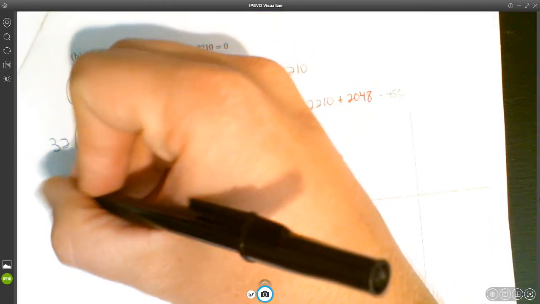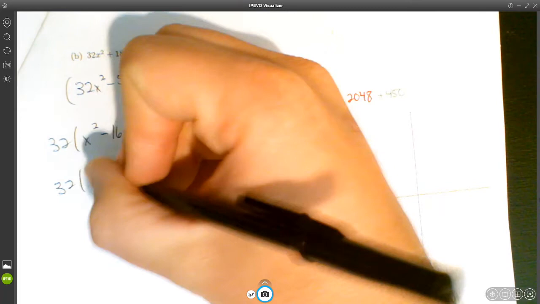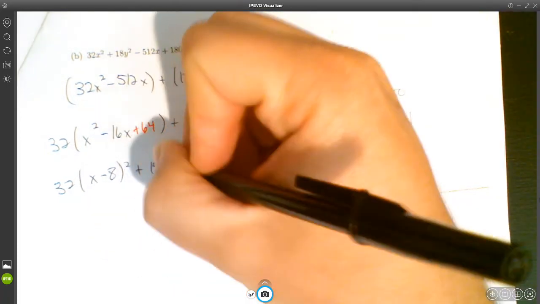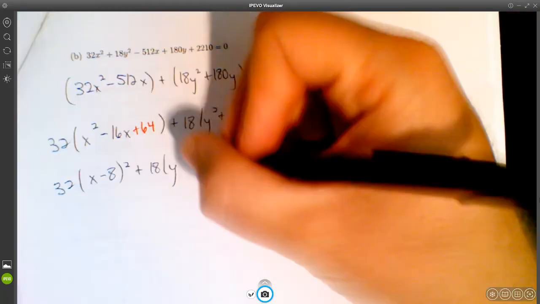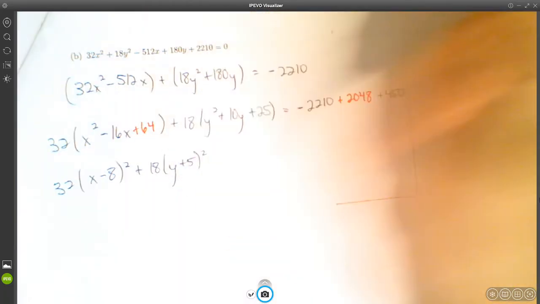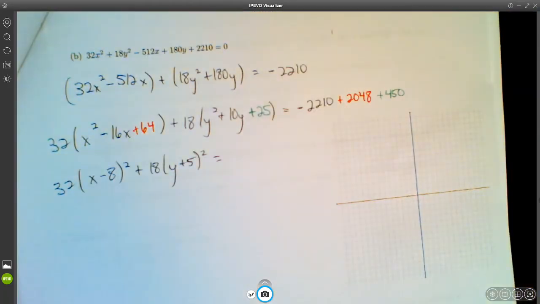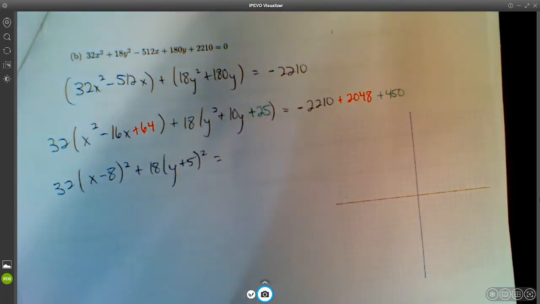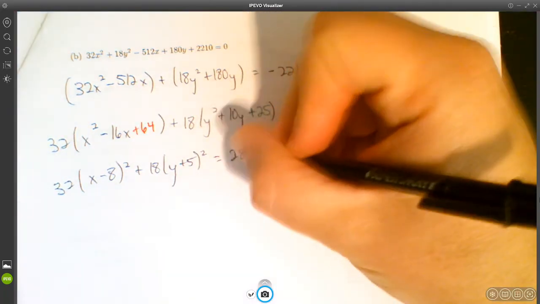I've got 32 times x minus 8 squared, plus 18 times y plus 5 squared, and this equals negative 2210 plus 2048 plus 450, which is 288.